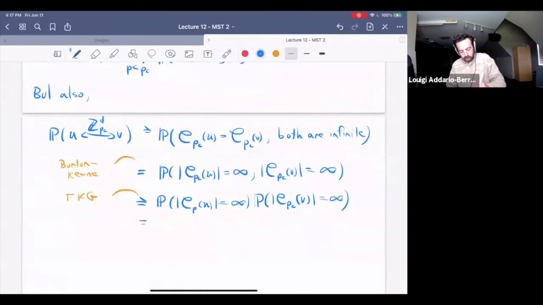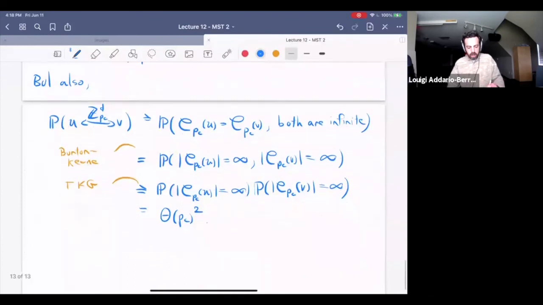Using my previous notation, this is the probability that u is connected to infinity times the probability that v is connected to infinity. But it doesn't matter what the vertex is, right? The lattice is completely translation invariant. So this is really the probability that the origin is connected to infinity, which we had a name for, theta of PC. So here we just have theta of PC squared.